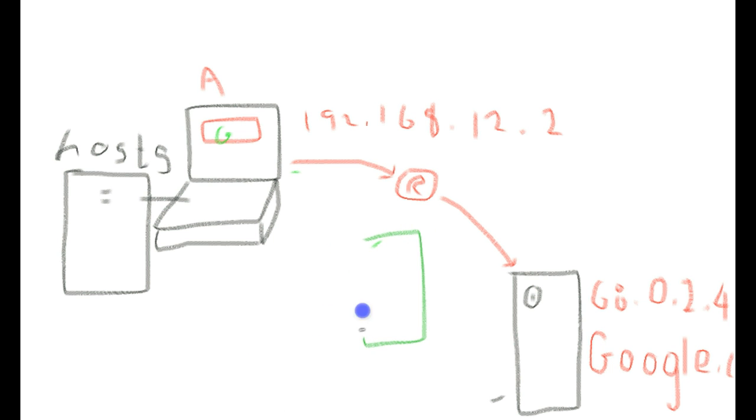The router in between, or your ISP, or somebody else carries that headache of managing the translation between 68.0.2.4 to google.com inside the DNS, and they do all the work for us, and that's why we like to use DNS. But if DNS was not available to you, you can actually use the etc hosts file inside the computer to do the translation for you.